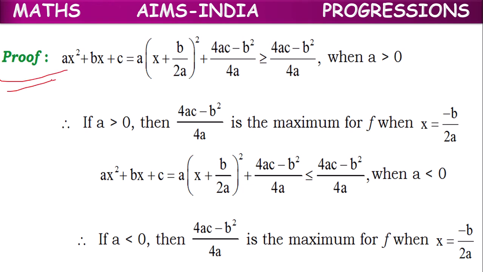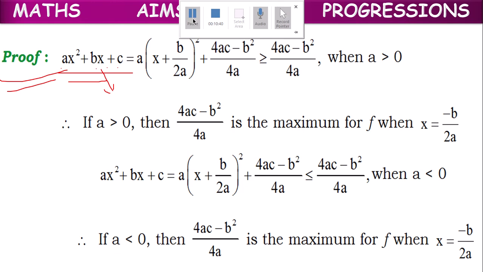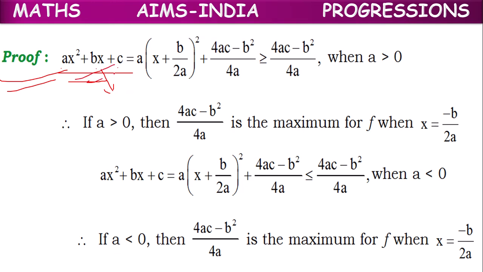So if we check the proof for this, we have ax square plus bx plus c. This is the quadratic function equation. So here this quadratic equation can be written like this.